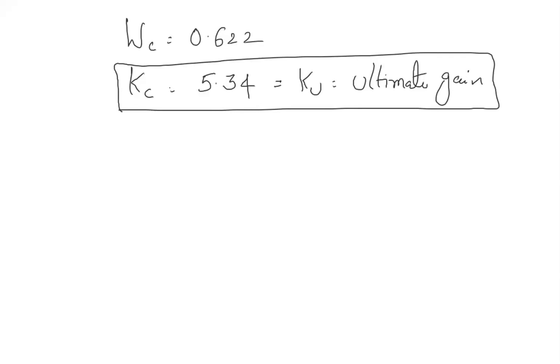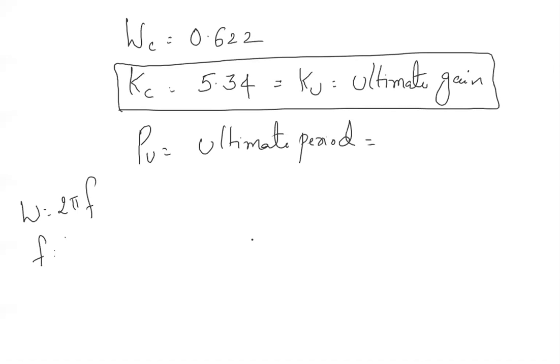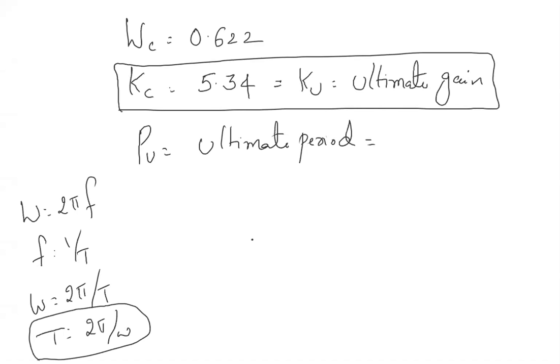Now we will calculate Pu, which is called ultimate period. How do you calculate it? What is the time period corresponding to this frequency? Omega equal to 2 pi f, but f equal to 1 by T. So omega equal to 2 pi by T, so T equal to 2 pi by omega. This is called the time period of the wave.